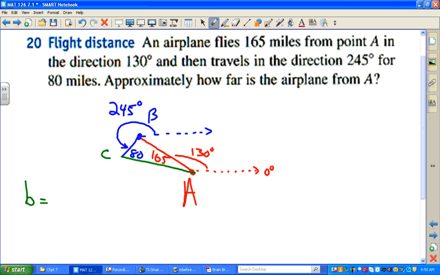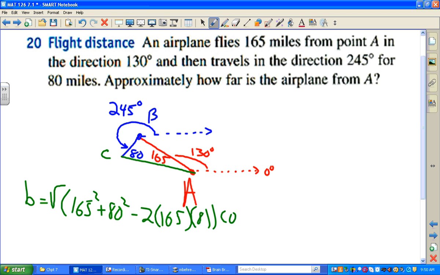I know the two sides, it's the square root of 165 squared plus 80 squared minus 2 times 165 times 80 times cosine of what angle? And what's the measure of angle B? We're looking for the leg.